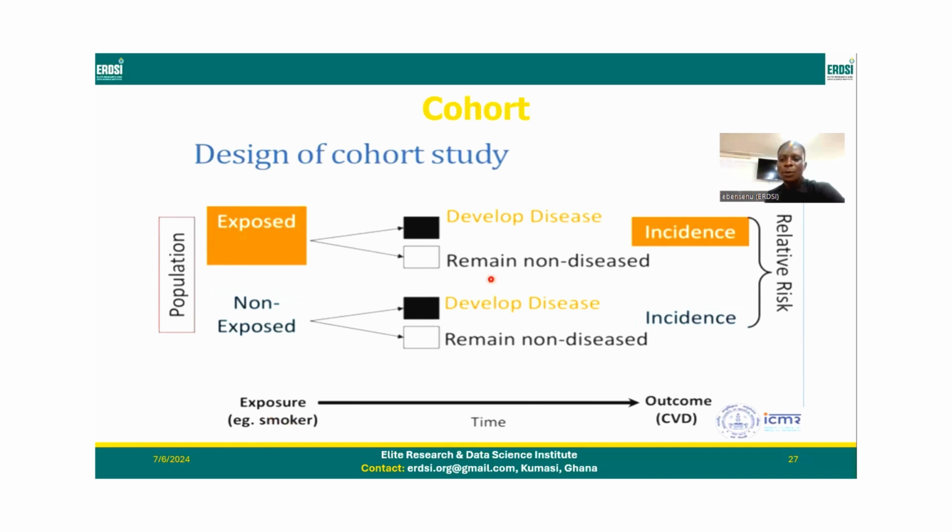This population may later develop a disease or not. It's possible that those who were exposed to smoke will develop the disease or will not develop the disease. Or even those who are not exposed to the smoke will develop it or will not develop it.